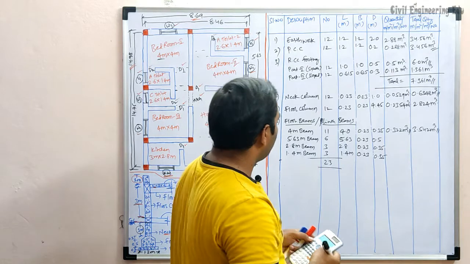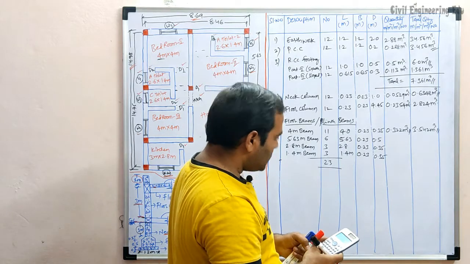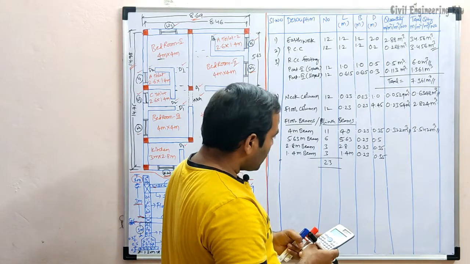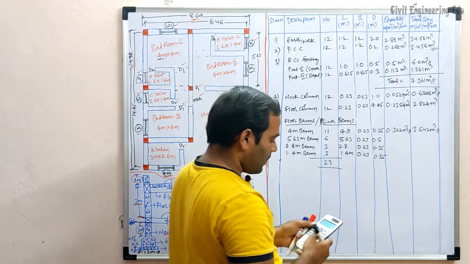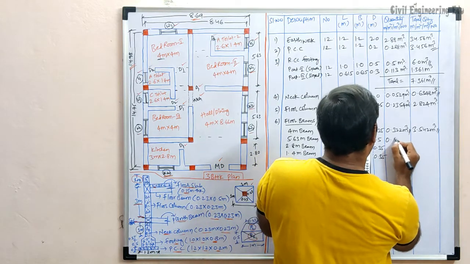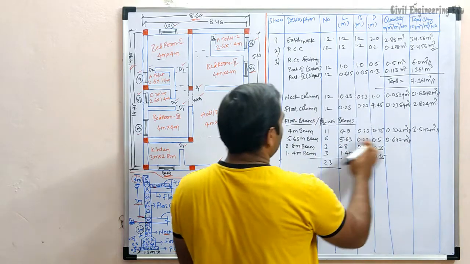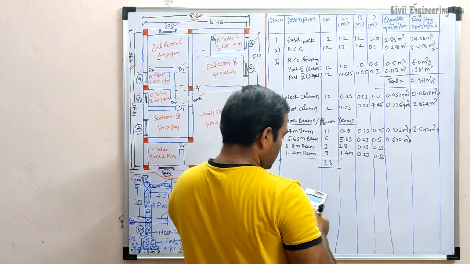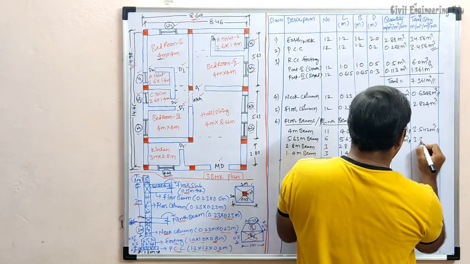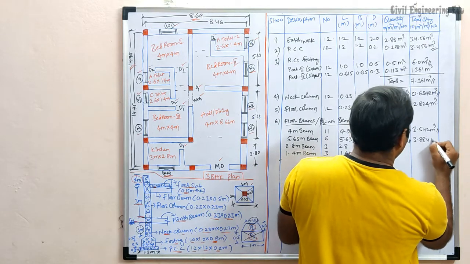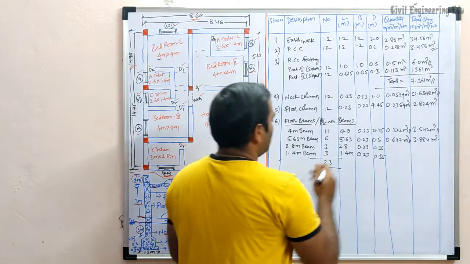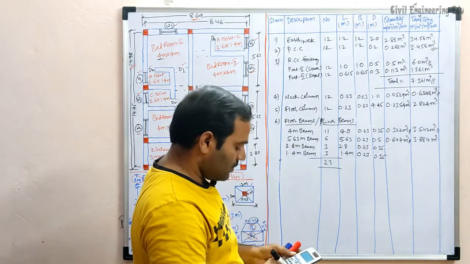Now coming to 5.63 meter: 5.63 into 0.23 into 0.5 gives 0.647 meter cube, into a total of 6 numbers. So I will get 3.884 meter cube.